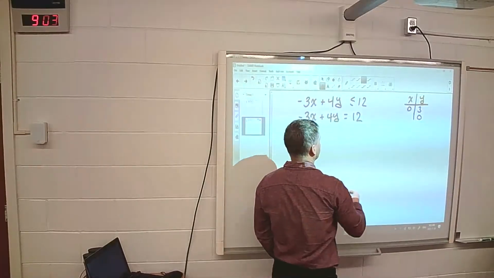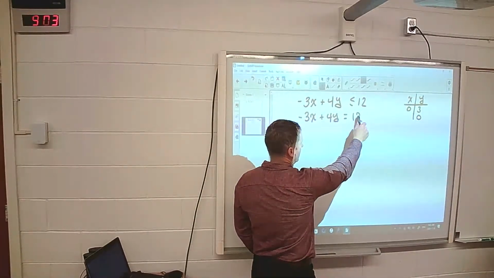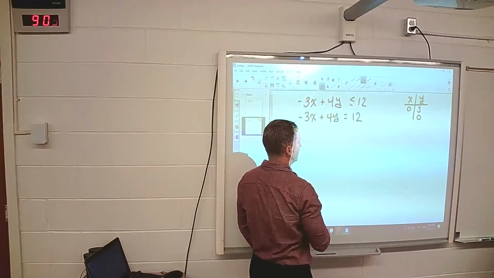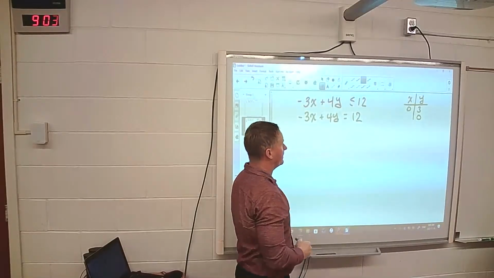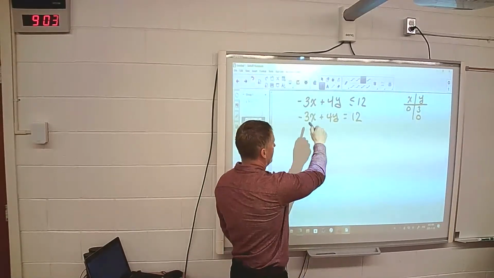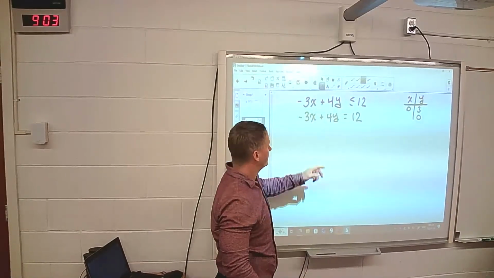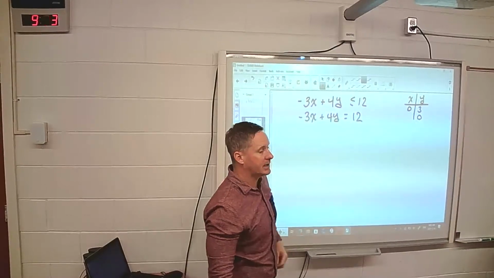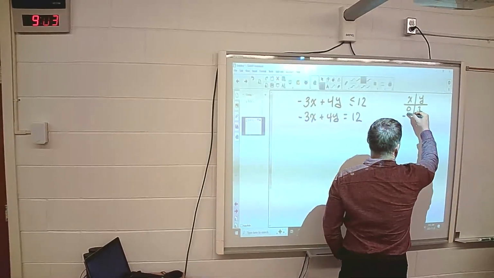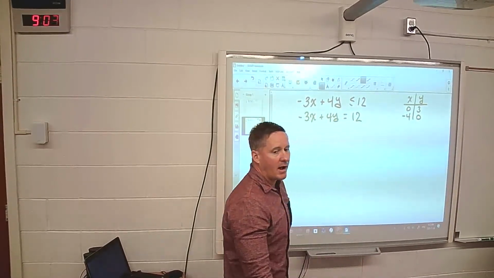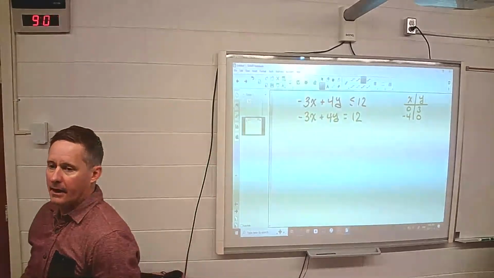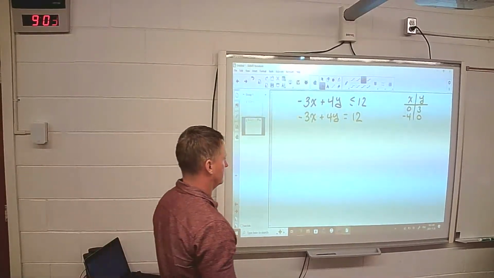Therefore, y is equal to 3, 4y divided by 4, 12 divided by 4. Now I put a 0 in for y. Minus 3x equals 12. 12 divided by negative 3 is negative 4. So I now have 2 coordinates with which I can graph this.